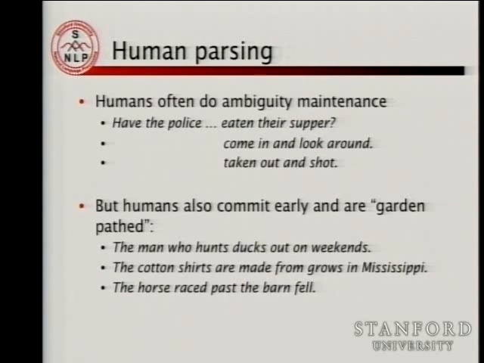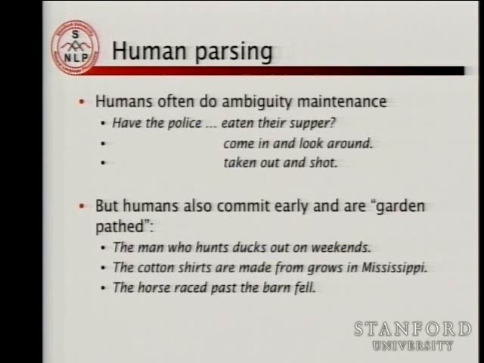So if you start off saying the words "have the police," well, those three words can have several different syntactic structures as these continuations show. If the sentence is "have the police eaten their supper," that's a question where the "have" is an auxiliary and the police is the subject.